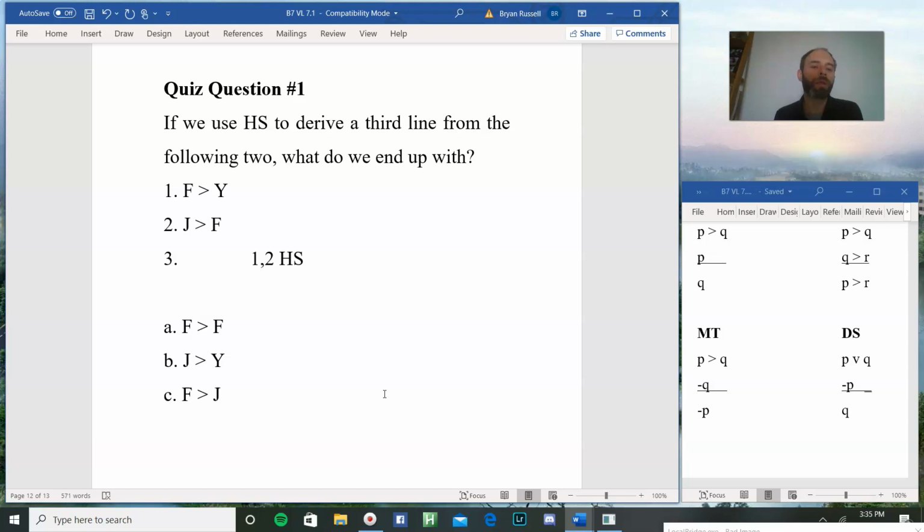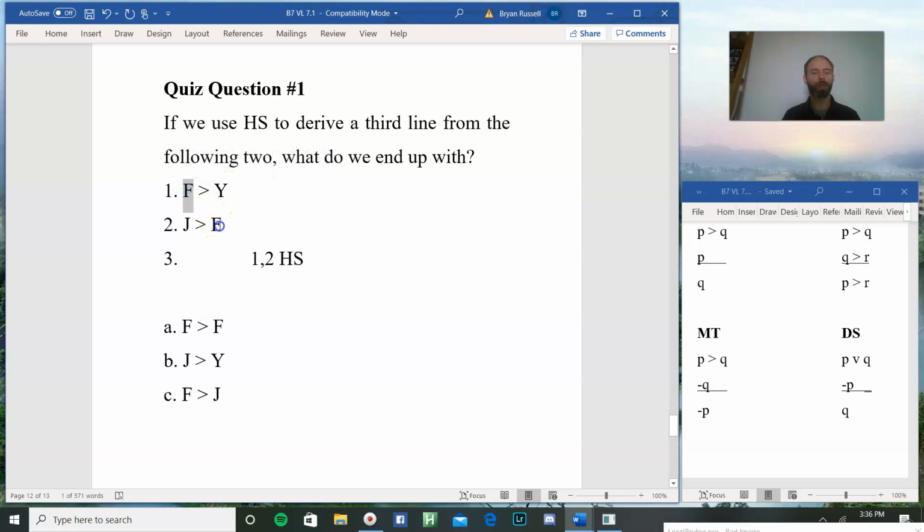If we use hypothetical syllogism HS to derive a third line from the first 2, what do we end up with? So the first line is F horseshoe Y. Second line, J horseshoe F. And what we're trying to see is what do we get on line 3 if we use 1, 2 hypothetical syllogism.